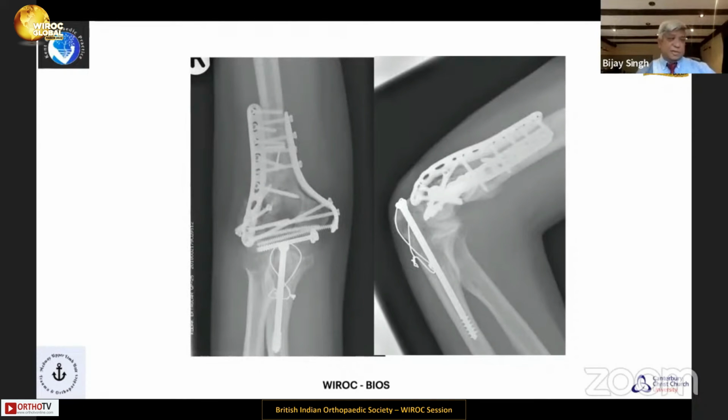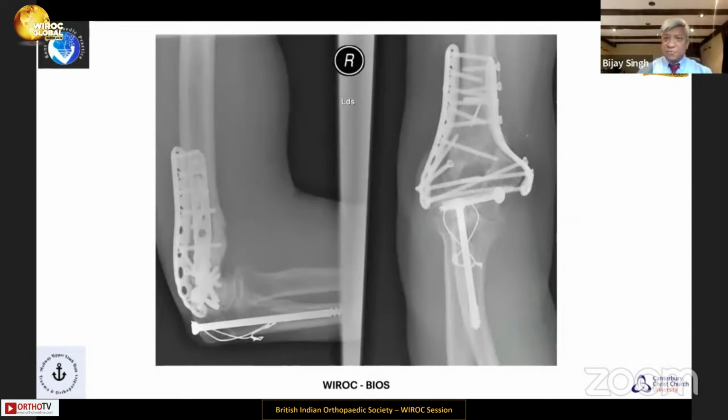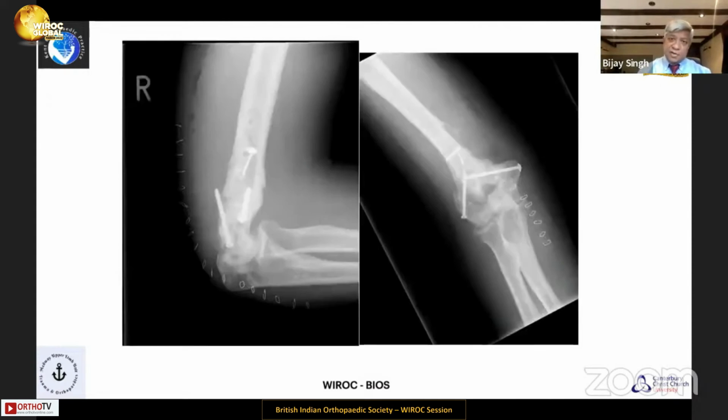But at about 6 months, he started to develop some wound infection, and so the plates were removed and the 2 screws were left as the fracture was found to be not healed. Unfortunately, this carried on for months, and I referred it to a senior colleague.